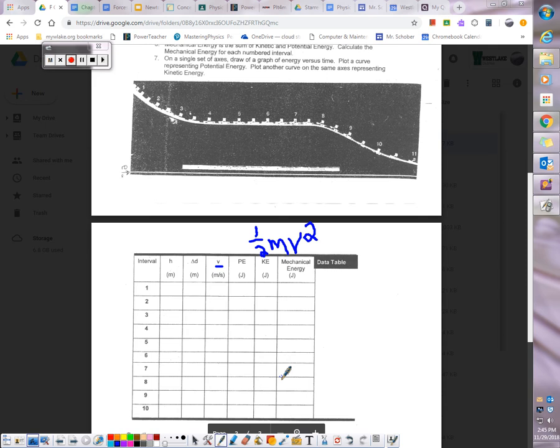Now, the point of this whole exercise is seeing how mechanical energy changes. We should know that in a perfect world, the total amount of mechanical energy always stays constant. That's what the law of conservation of mechanical energy says: the total amount of KE plus PE always stays the same in any closed system.